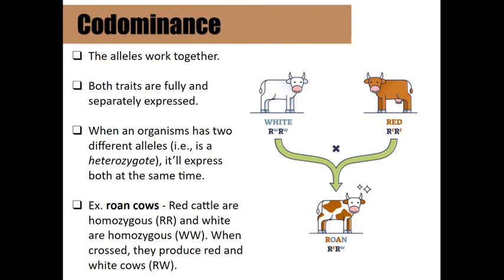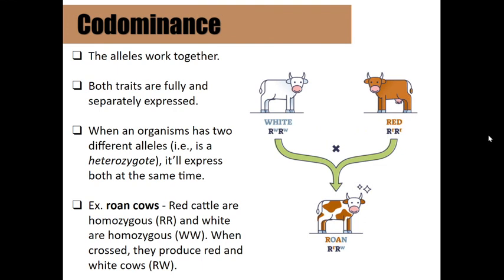An example that we see this in is roan cows. So red cattle are homozygous dominant with big R, and white is also homozygous with big W. So when they are crossed, they will produce a red and white baby cow.